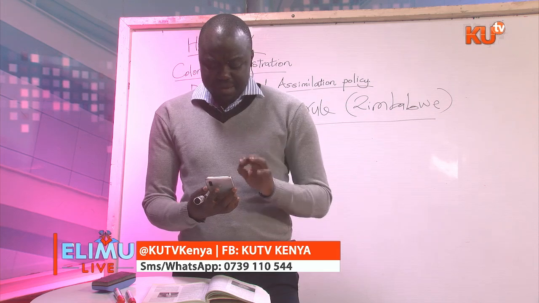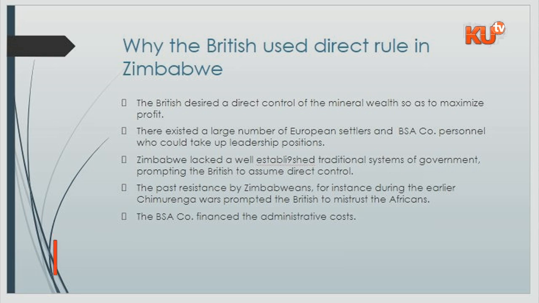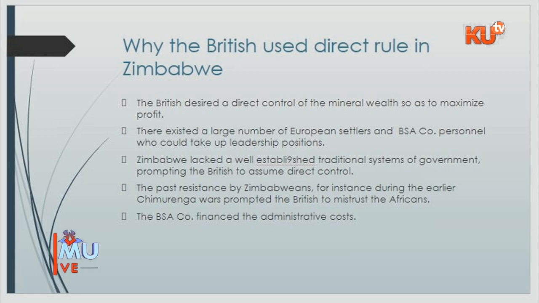Then the past resistance by Zimbabweans, for instance, during the Chimurenga War, prompted the British to have mistrust in Africans. Before the Chimurenga War, the British had entrusted some of the African chiefs from the Shona and the Ndebele communities, both of which occupy Southern Rhodesia or Zimbabwe, with leadership.